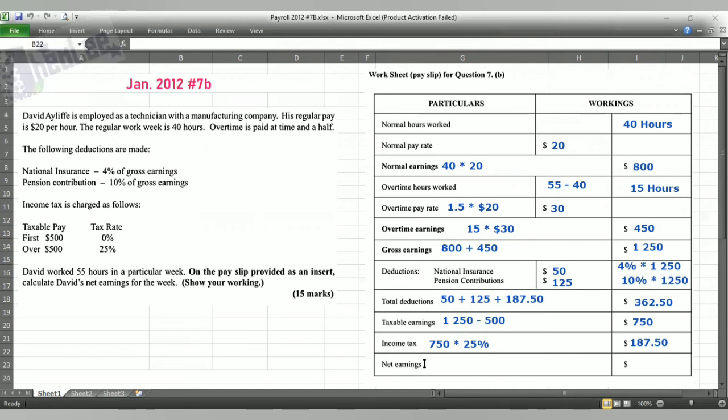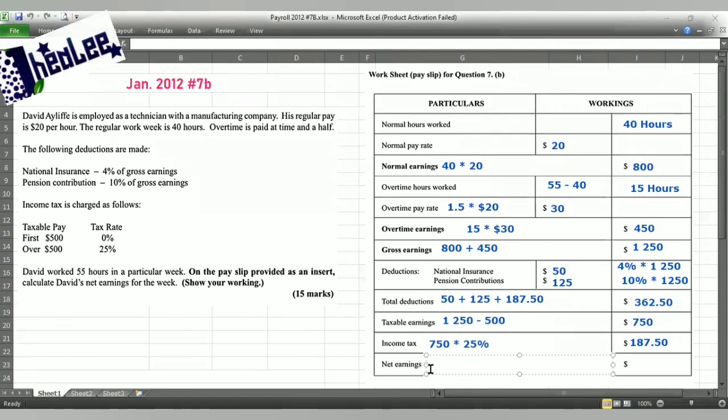Now that we have generated our total deductions, we can move into our net earnings. To get your net earnings, which is also referred to as net pay, this is the employee's take-home pay. We are calculating what David would take home after working that long week of 55 hours. So that would be the gross earnings of 1,250 minus the total deductions of $362.50.